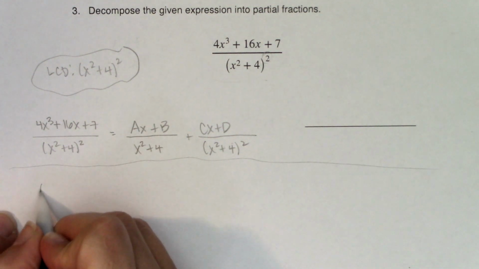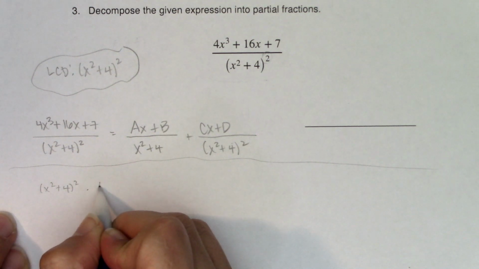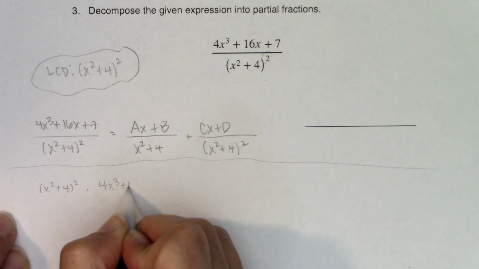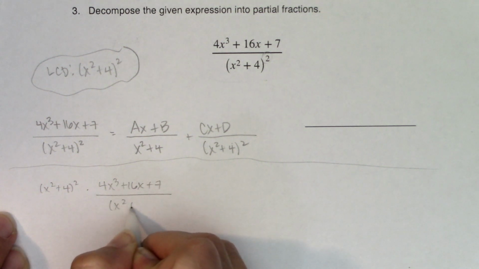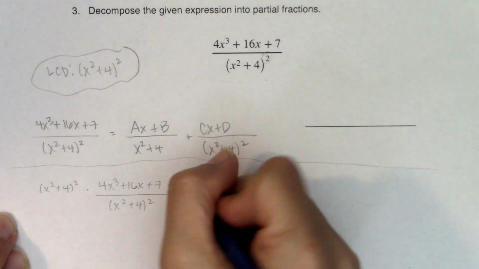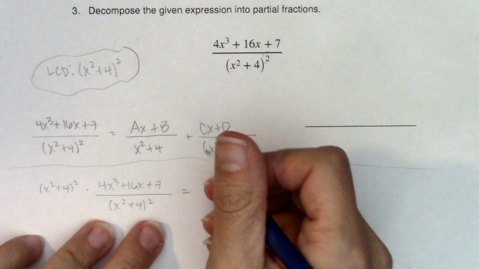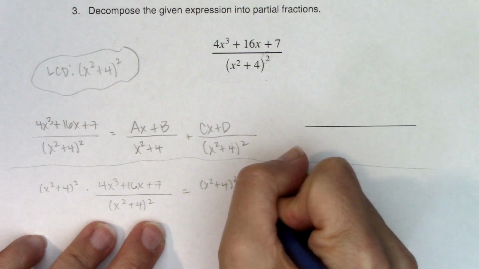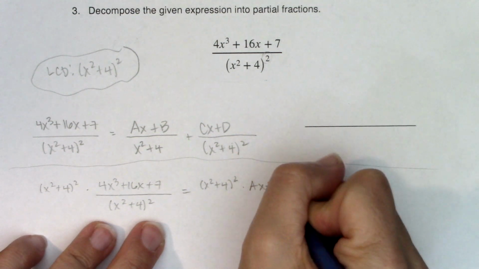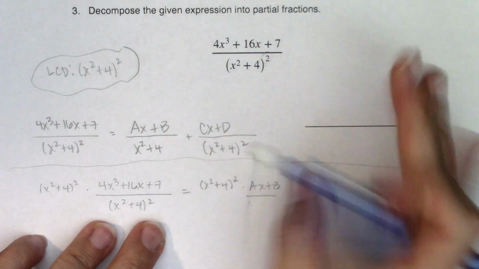I'm going to take my LCD, multiply it to the left side of my equation, and then multiply it to the right side of the equation, which means I need to distribute my LCD to both terms on the right side. So x squared plus 4 squared times ax plus b over just x squared plus 4.